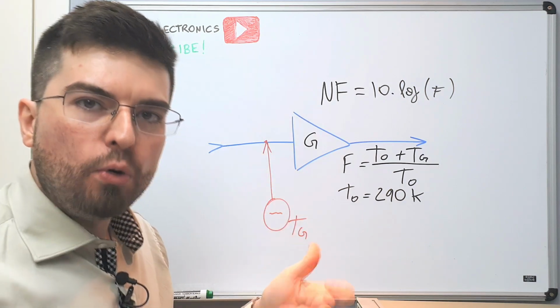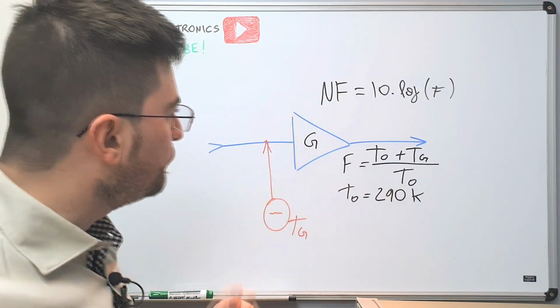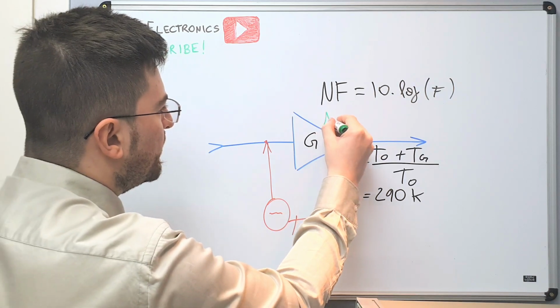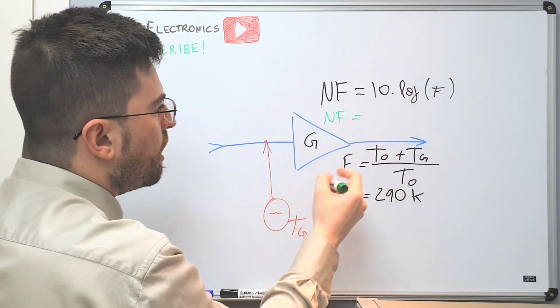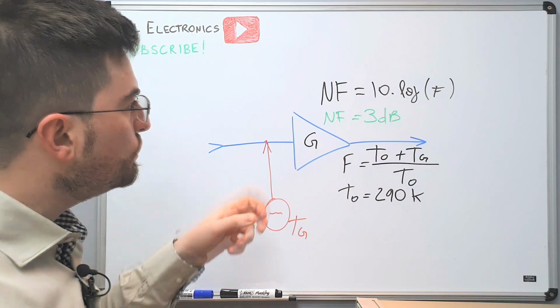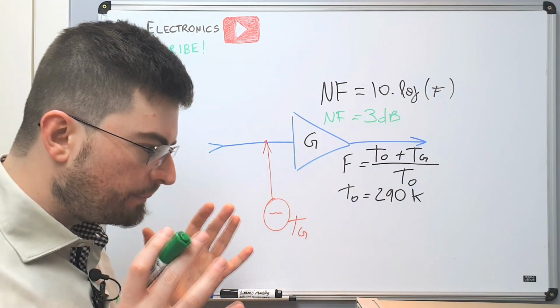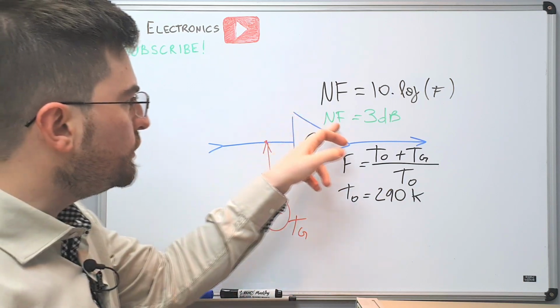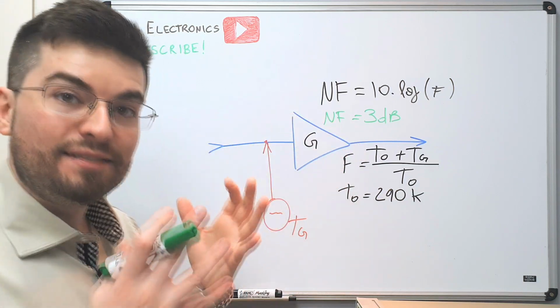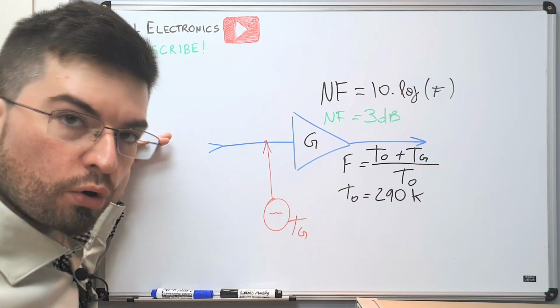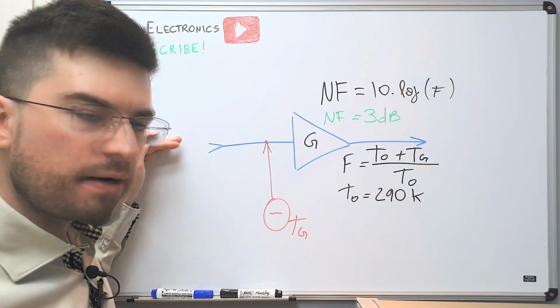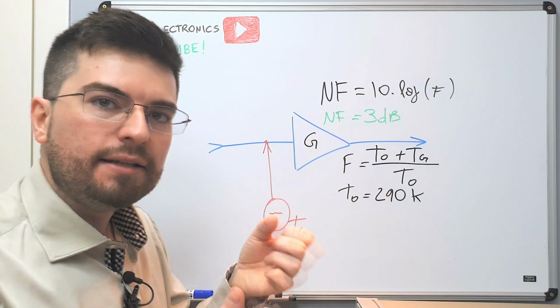And why do people like to think about noise figures? Let's say this amplifier here has a noise figure of 3 dB. Engineers use the noise figure as a tool to understand something like this. If I have a noise figure of 3 dB, the signal to noise ratio at the input of this amplifier will be degraded by 3 dB.